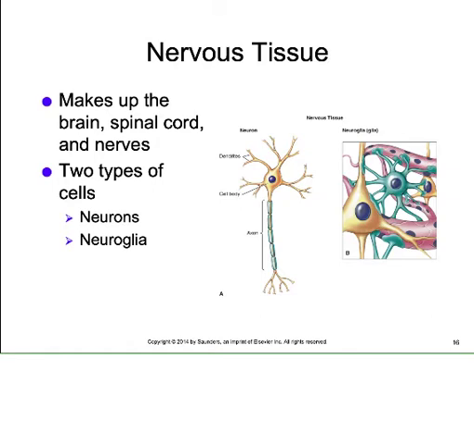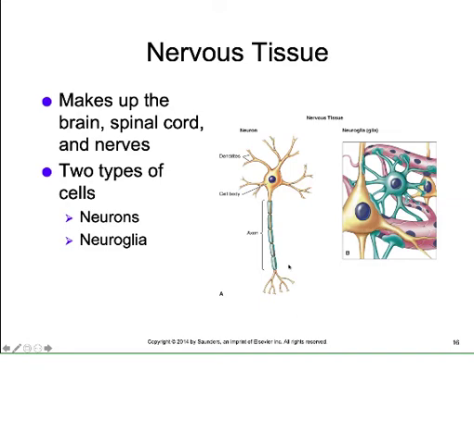In the peripheral nervous system, satellite cells cover the cell body of the neuron and protect and nourish it. And then Schwann cells become the myelin sheath that protects the axon and speeds up the electrical signal.